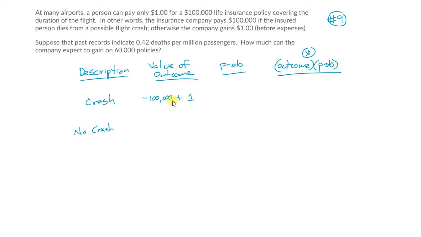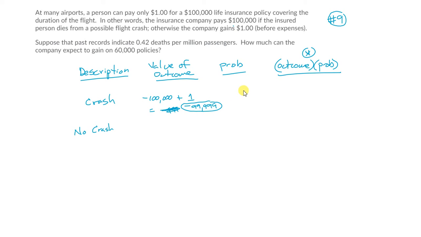So technically this works out to negative $99,999 if you add those together. That is the value to the company. If the plane crashes, we have to pay out $99,999.